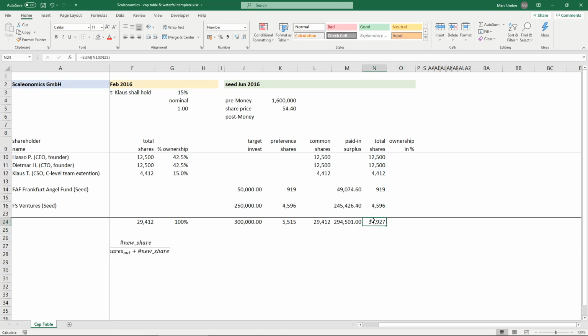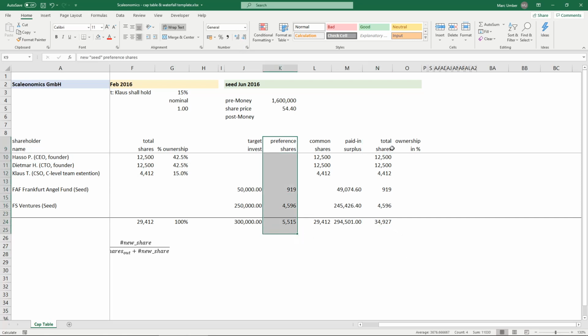So after this transaction, Scalenomics will have shares in the amount of 34,927 outstanding. Now always check if you make rounding errors. Look at the number of digits behind the decimal. These numbers, every time we talk about nominal shares, have to be natural numbers.